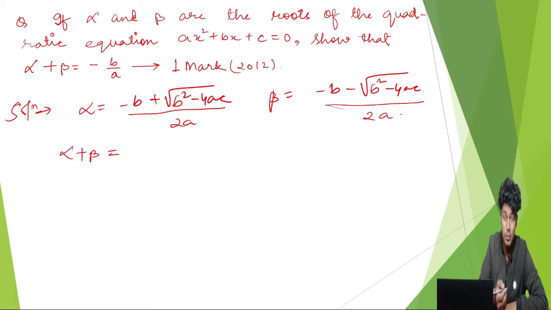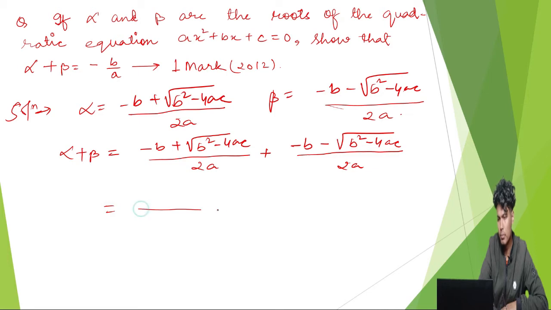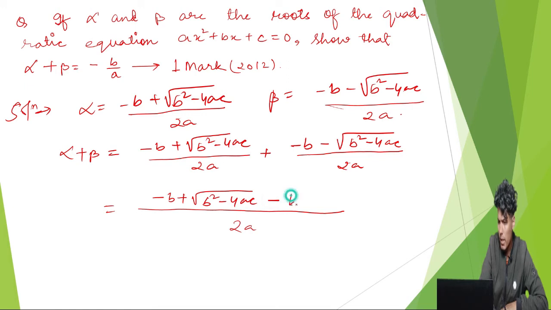So alpha plus beta will be minus b plus root over b square minus 4ac divided by 2a plus minus b minus root over b square minus 4ac divided by 2a. Take the LCM. Actually, I have done this one already, but let us do it again. Minus b plus root over b square minus 4ac minus b. Plus into minus, it is minus b, plus into minus, again minus root b square minus 4ac.